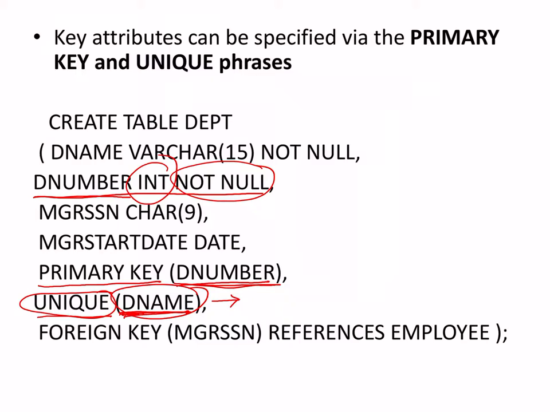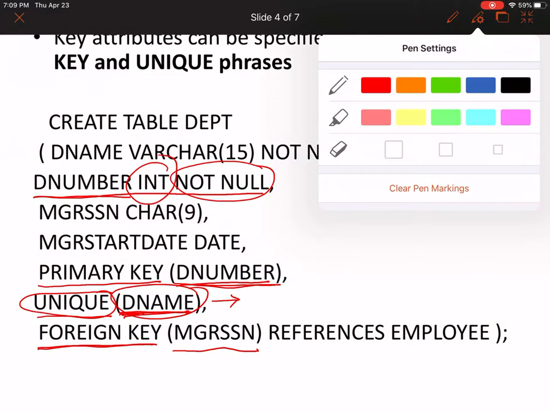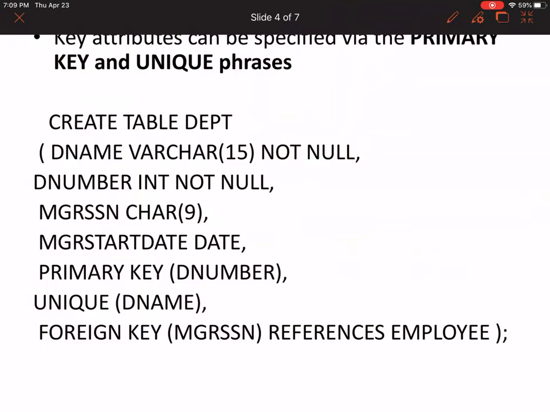Then again there is something like a foreign key. Now in this, please look at how it has been written. Foreign key, MGR SSN. So where is MGR SSN? Let me just clear this screen for you. Okay, let's just highlight foreign key. So it's foreign key MGR SSN.